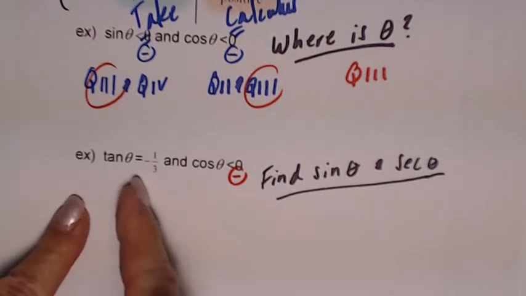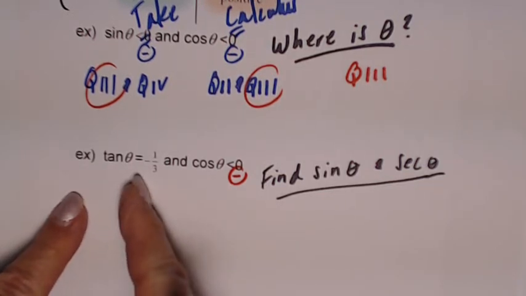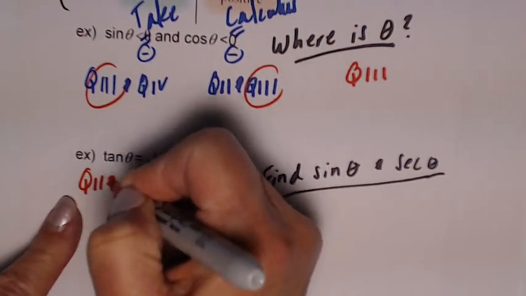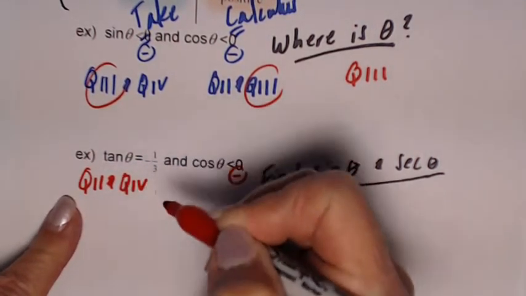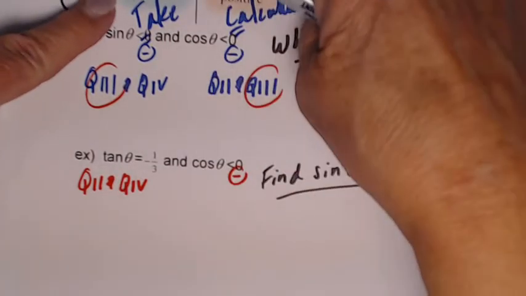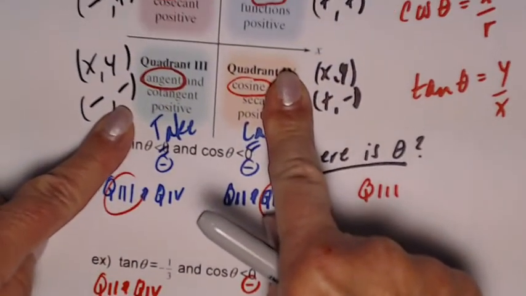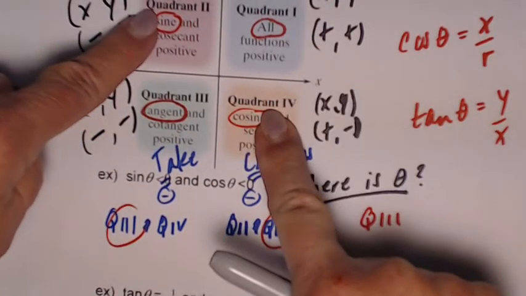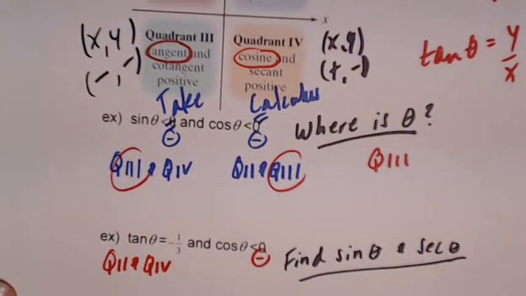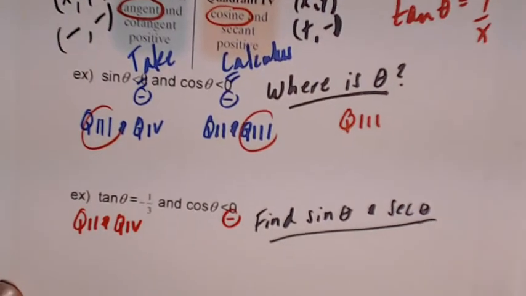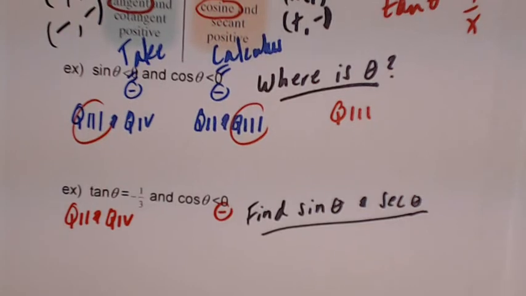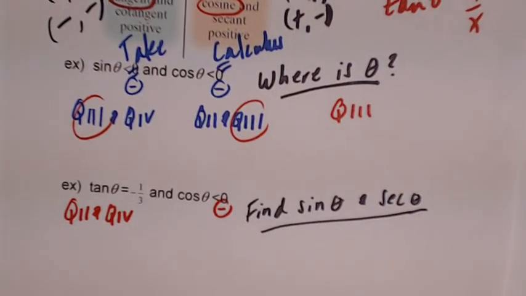So first, let's consider the quadrants this activity is happening in. Tangent is negative. So tangent is going to be negative in Q2 and in Q4. If we look here, it's positive here and here. So it's negative in Q2 and Q4 for tangent. Where is cosine negative? We already considered that in the example above, so no need to go over that again.